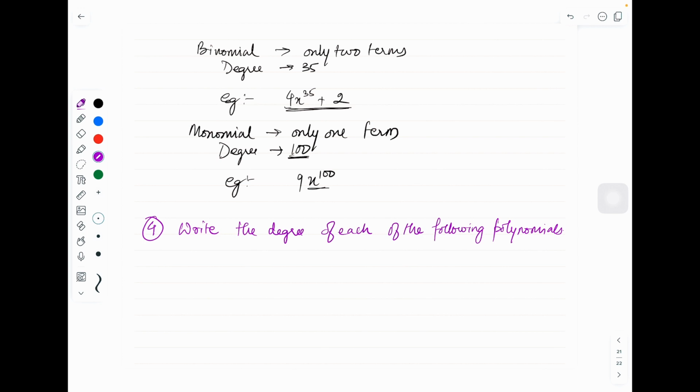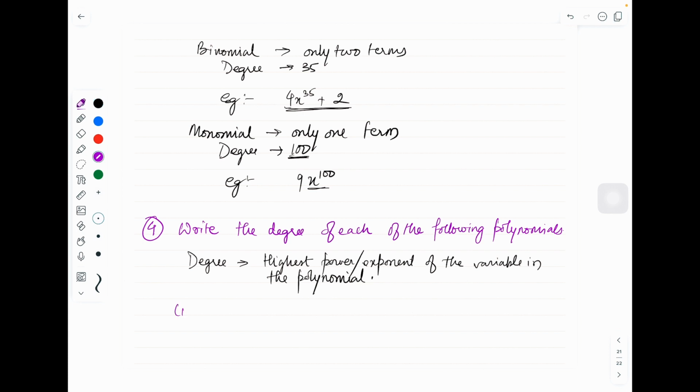First I am going to write, what is degree? Degree is the highest power or exponent of the variable in the polynomial.